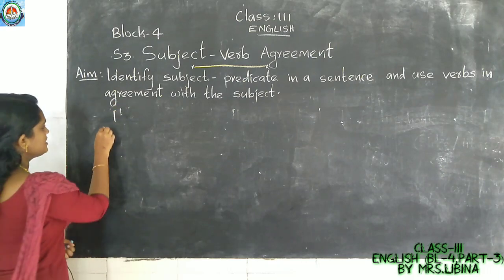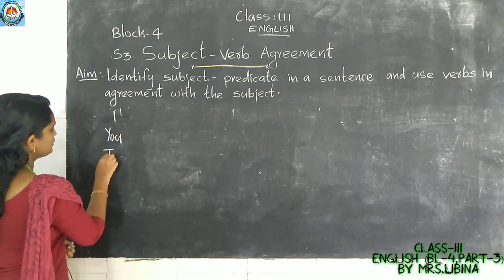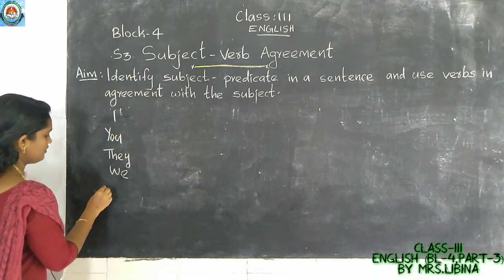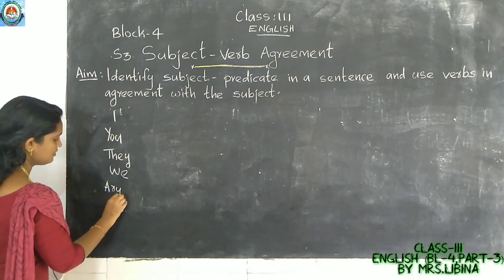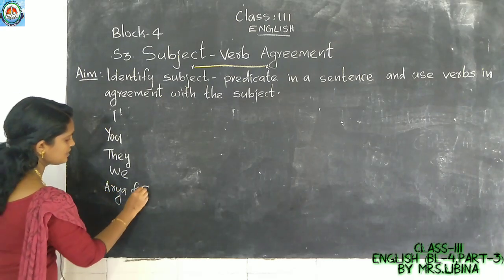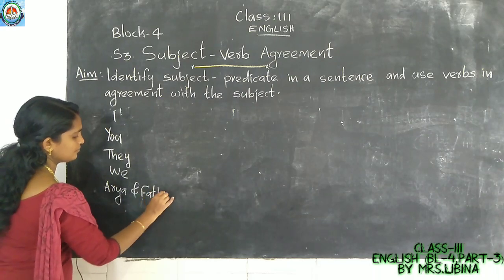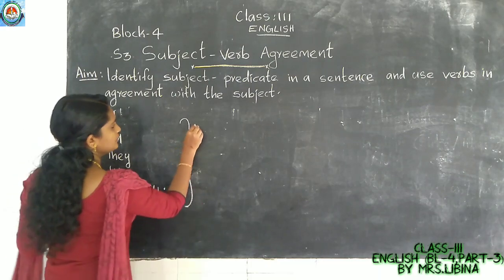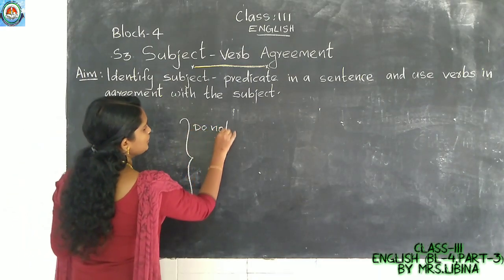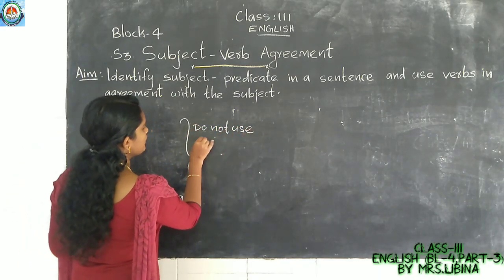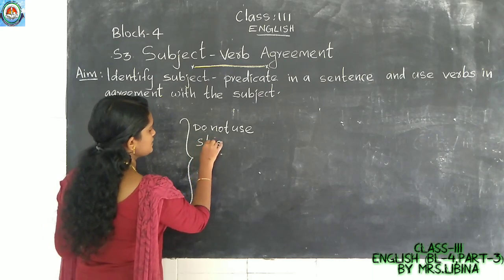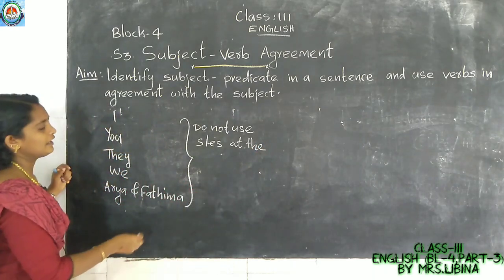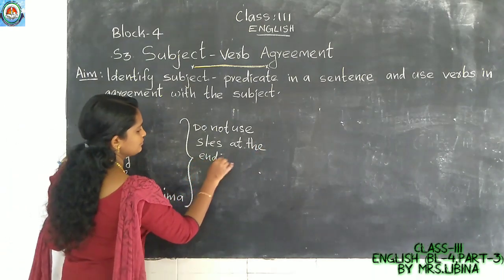If the subject is I, you, they, we, or another example, Arya and Fatima, then do not use S or ES at the end of the verb.